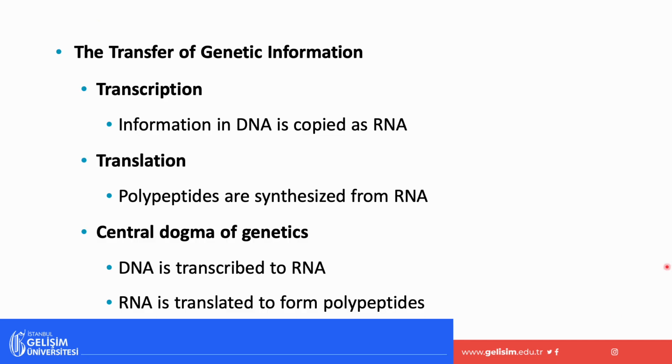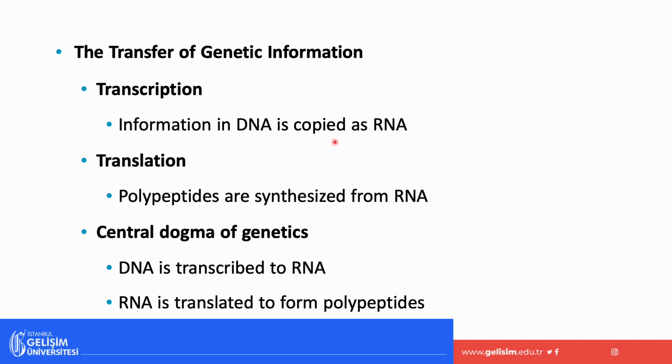All right, the central dogma of genetics states that genetic information can flow from DNA to RNA to protein. So DNA ends up leading to the production of RNA, and RNA ends up leading to the production of proteins. DNA is transcribed into RNA in a process called transcription. Transcription takes place in the nucleus of eukaryotic cells, or in prokaryotic cells, it will take place in the cytoplasm.